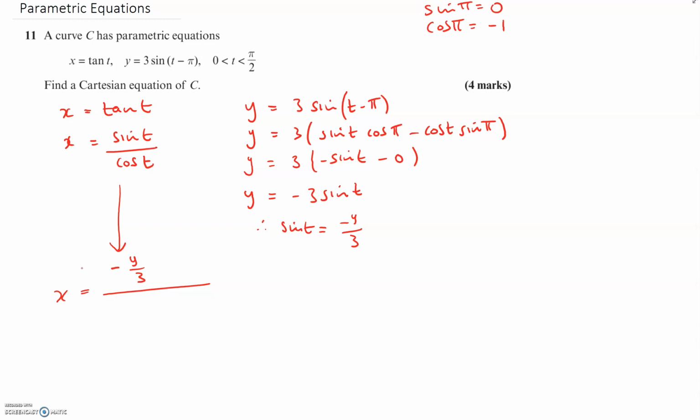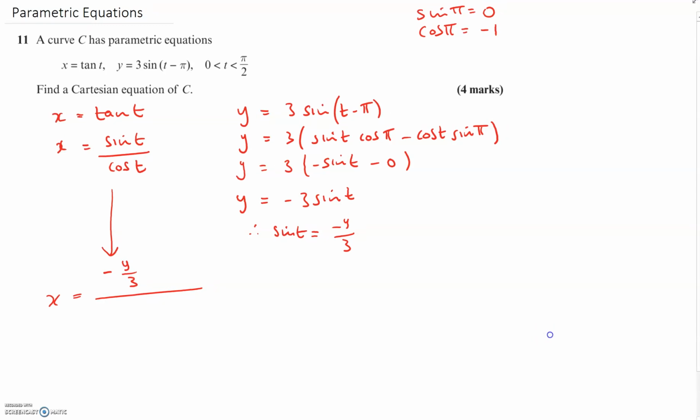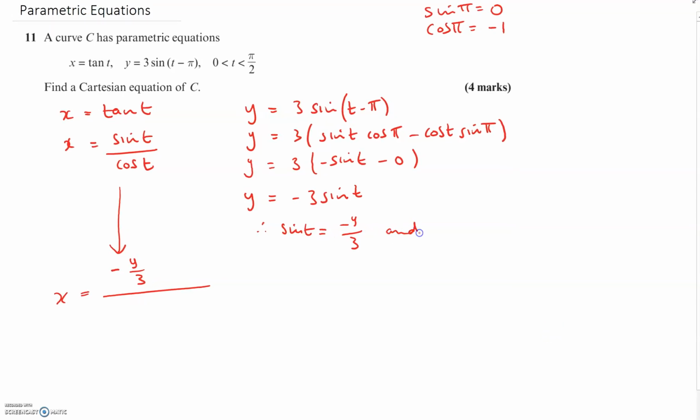Okay, so let's then say cos squared is 1 minus sine squared. And we've got something for sine squared now, so that's going to be 1 minus (y over 3) squared, which is going to be 1 minus y squared over 9.